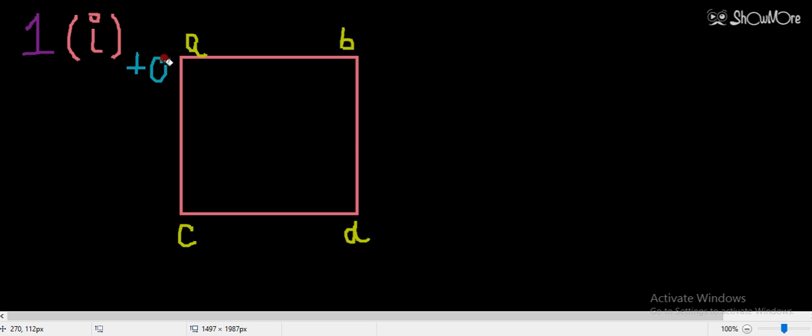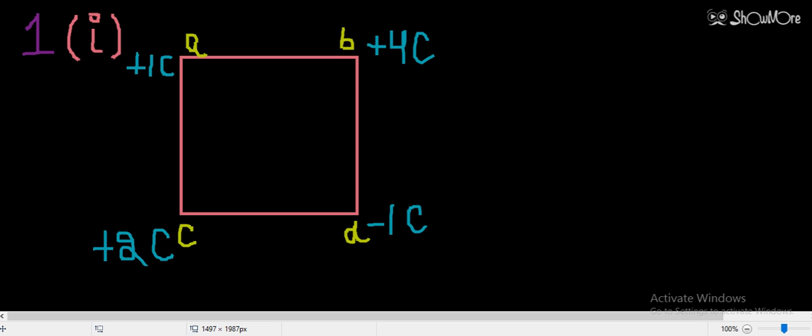In the questions we have taken plus Q here, but please take plus 1 coulomb and minus 1 coulomb. Make a correction first. Then this is plus 4 coulomb, plus 4 coulomb charge, and this is plus 2 coulomb. So these are the values of 4 charges which are placed at ABCD. I hope it is clear.